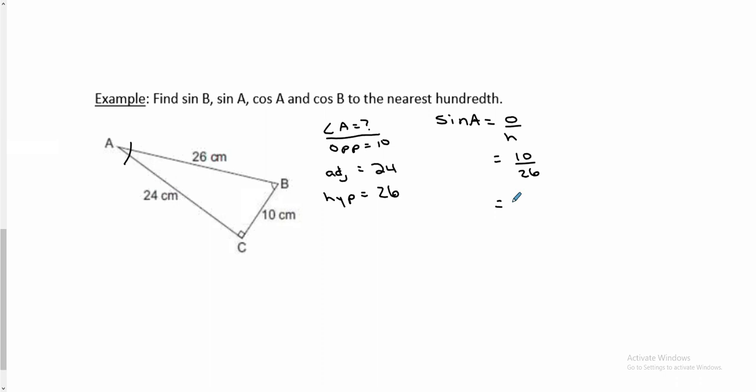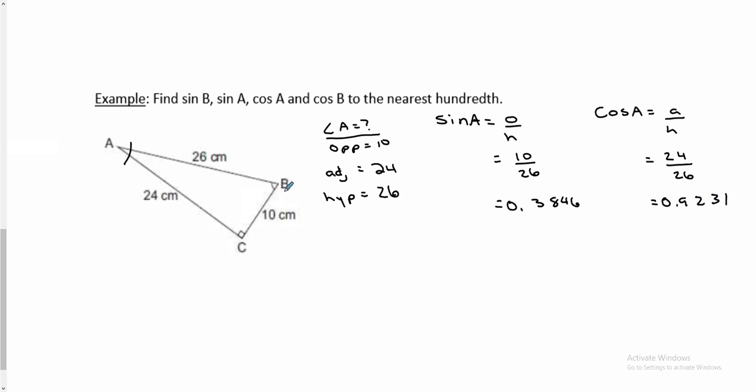To 4 decimal places, we get 0.3846. Our cos A, which is adjacent over hypotenuse, gives us 24 over 26. To 4 decimal places is 0.9231.